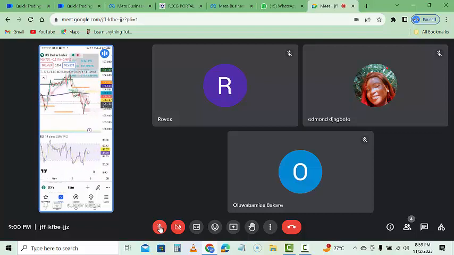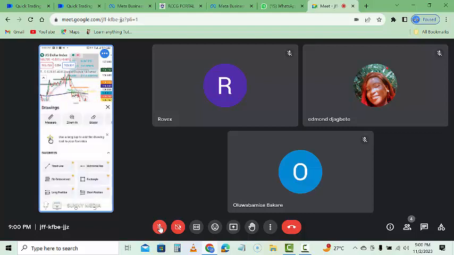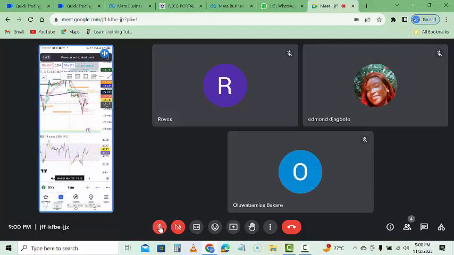Whenever you start seeing it, I would like you guys to take note of something here. I can't remember the coin. There's a coin that we traded in the group today. I can't remember the name.